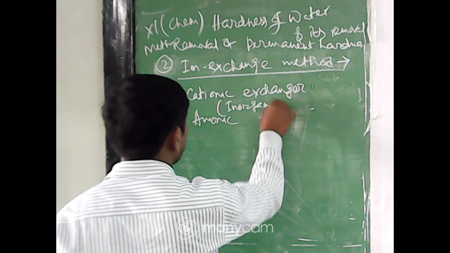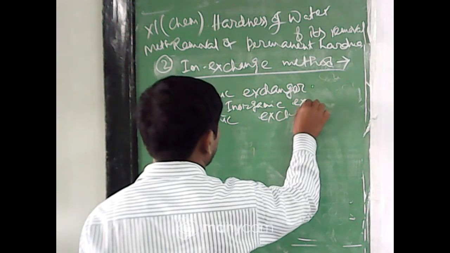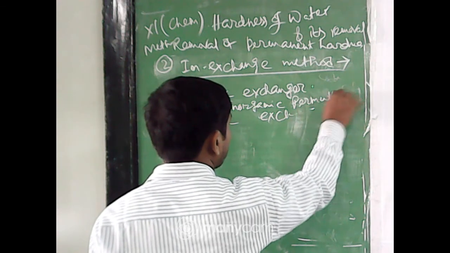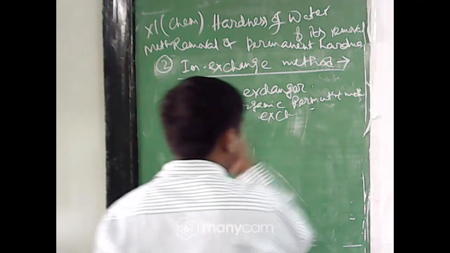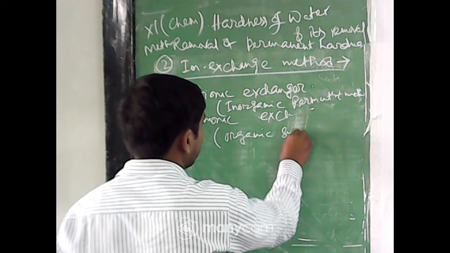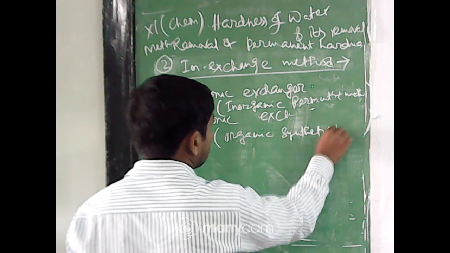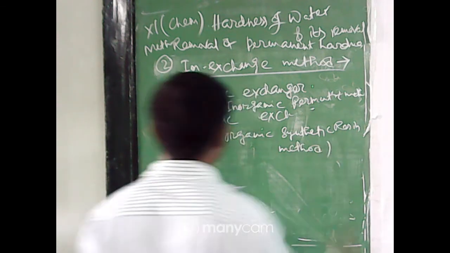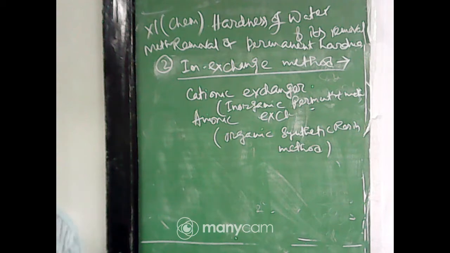Now, the cationic exchanger is also called the inorganic Permutit method, and the other is the organic synthetic resin method. So the first one is the cationic exchanger, also called the inorganic exchanger and Permutit method, and the second one is the organic or synthetic resin method.